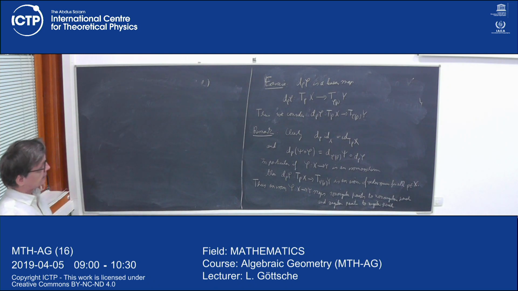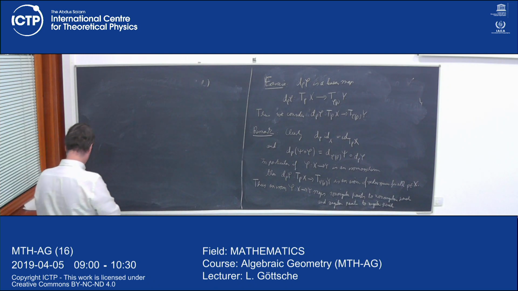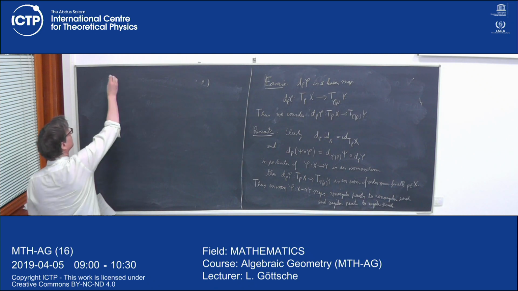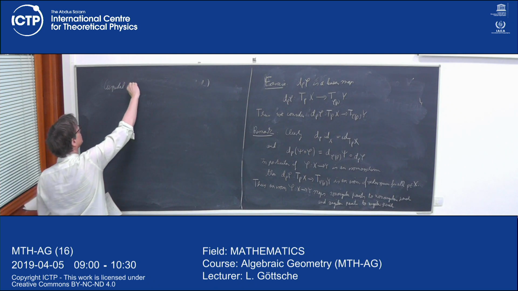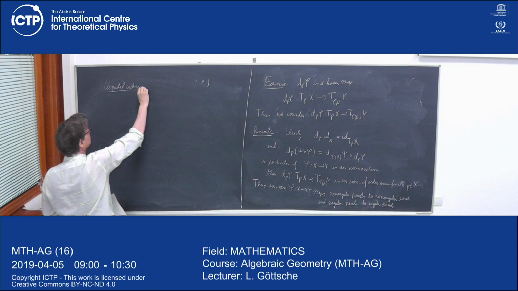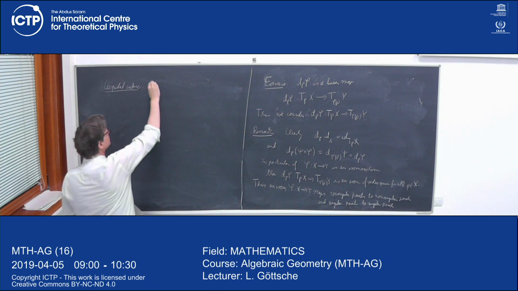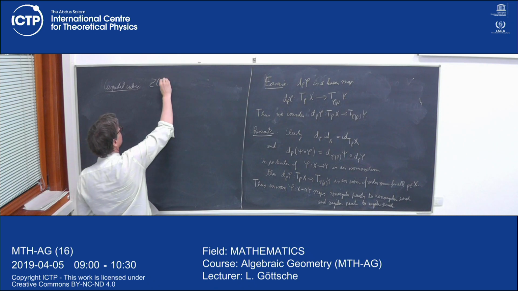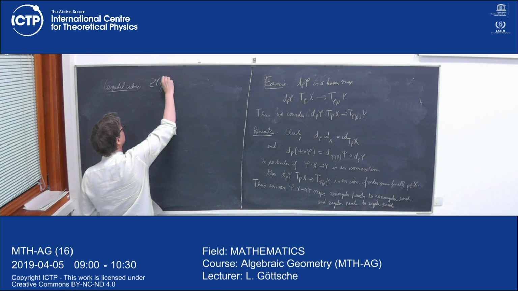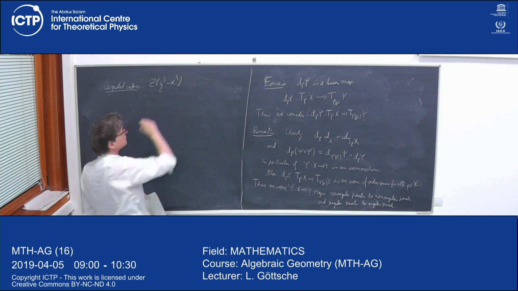So in particular, if we look at the classical cubic, we have this curve, the zero set of y squared minus x cubed.